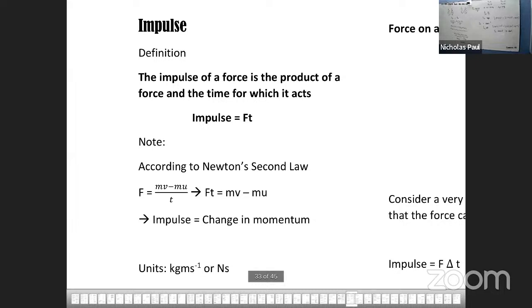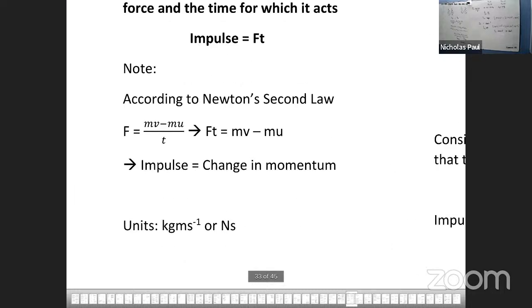If you use Newton's second law, you'd also see that impulse is change in momentum. Just make a quick little note of that. Impulse, force by time. Impulse, change in momentum.